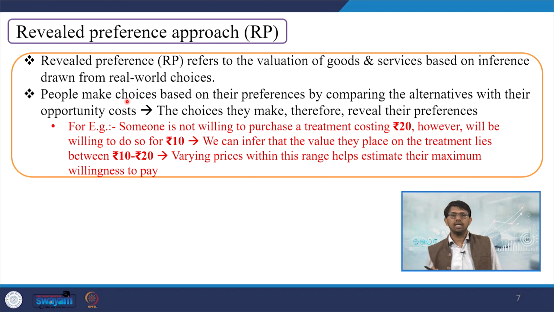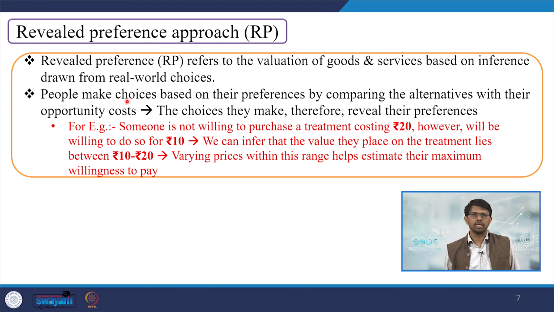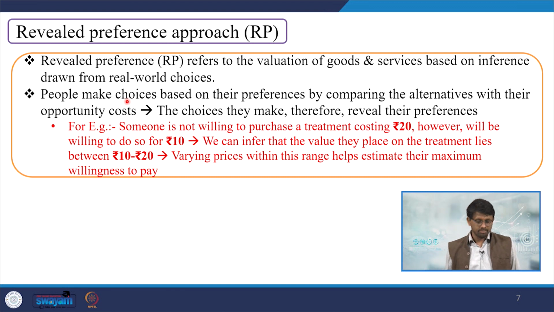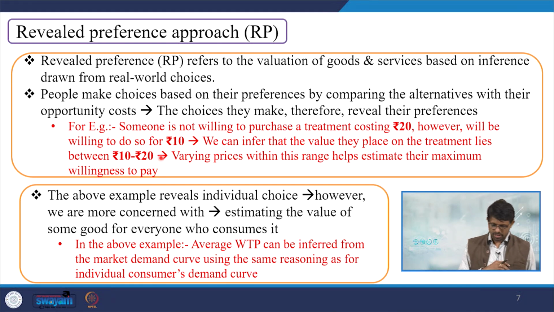Hence, we can infer that the value that person places for the treatment lies between the range of 10 to 20. So, varying prices within this range help estimate their maximum willingness to pay. Okay, so the availability and the willingness can also be calculated based on certain revealed preferences and estimations.